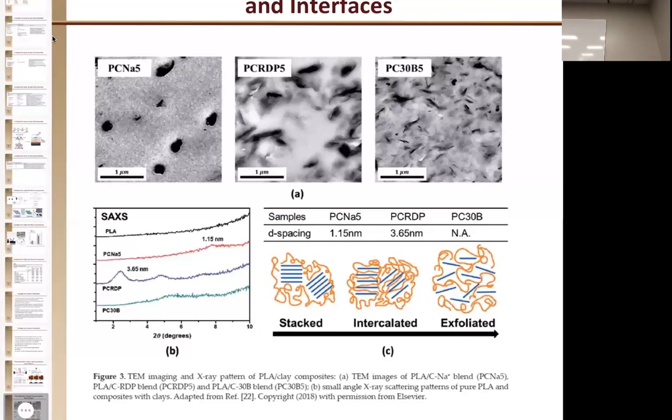We have a D spacing of 1.5 nanometers, so that makes them stacked. Here the D spacing is 3.69 nanometers, so that's partially intercalated. And then right here, because there's no peak, you're not seeing this hump, this is what they call fully exfoliated.